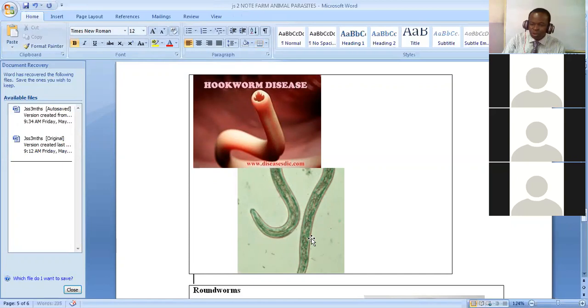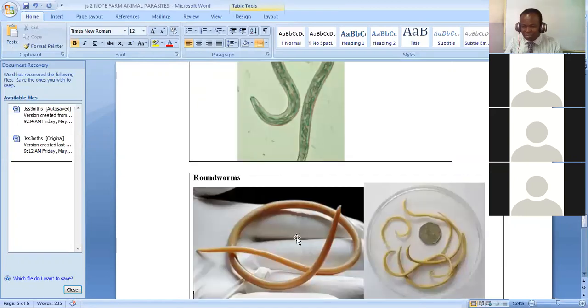Next one I'm showing you is roundworm. Look at it. Of course, they are roundish. They are also cylindrical. Okay, they are not as long as tapeworm, but they can also be many. Maybe you will have noted when you were young, your father or mother dewormed you at a stage.